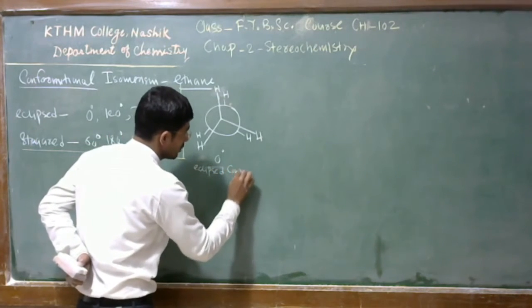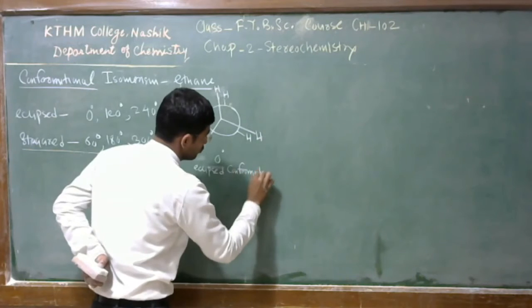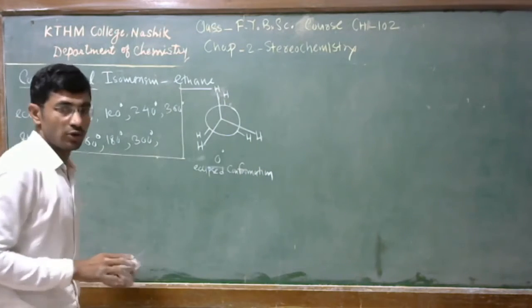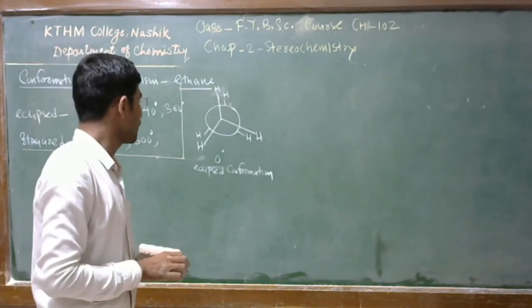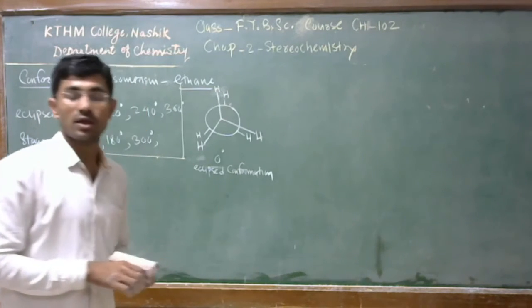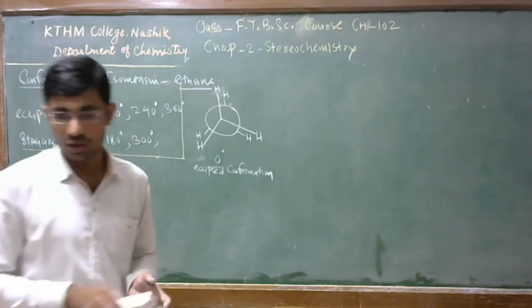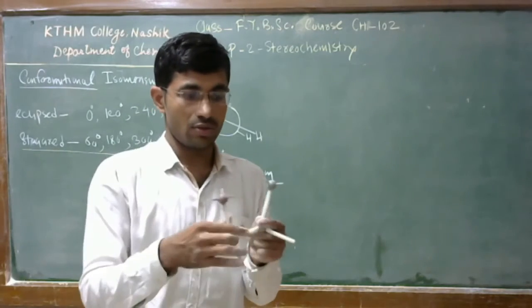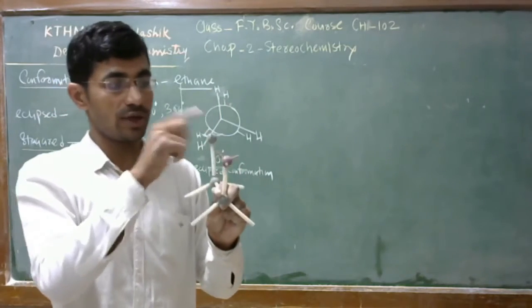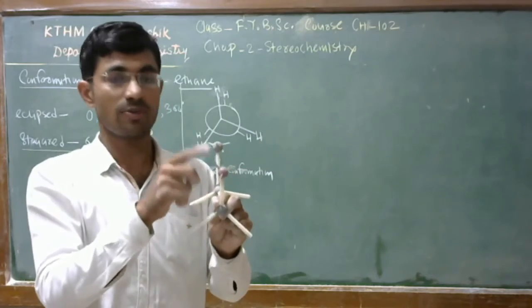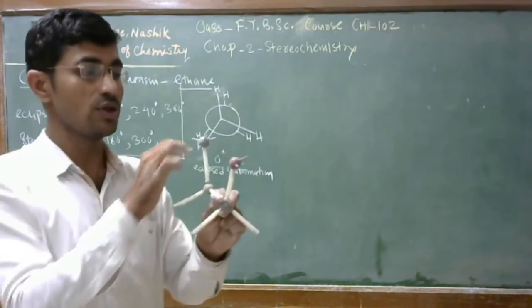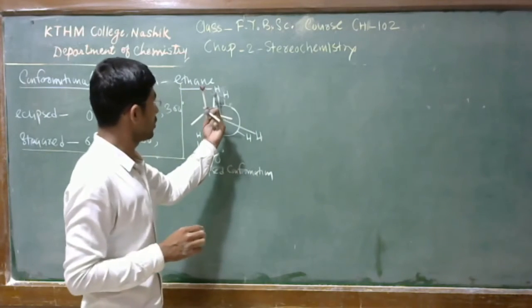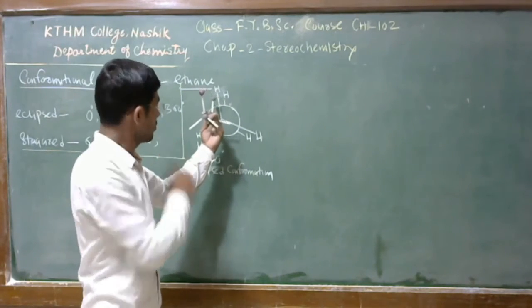What we call eclipse conformation. So we consider our ethane molecule in Newman projection formula, and this is the dihedral angle 0. For our convenience we take this group here, but for distinguishing purpose we consider this type of situation. Dihedral angle is 0.